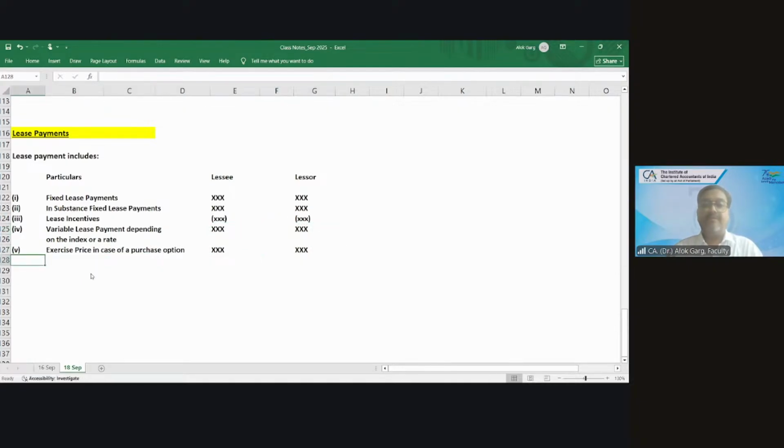Then termination penalties, if any. If it is reasonably certain that the termination penalties will occur. Then what next?